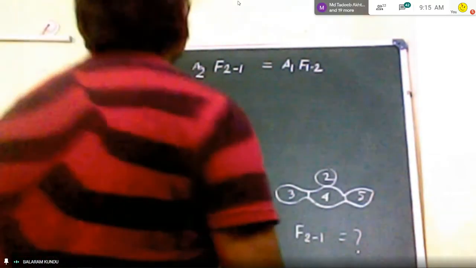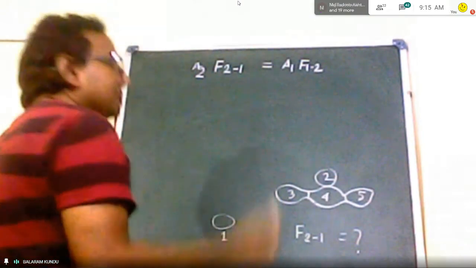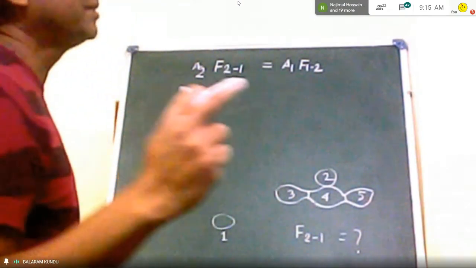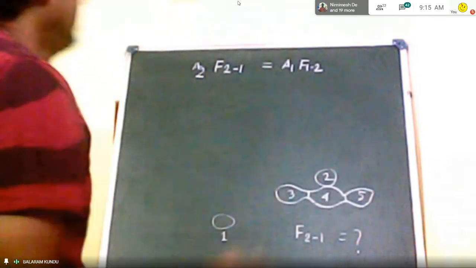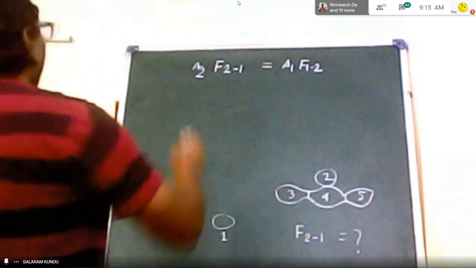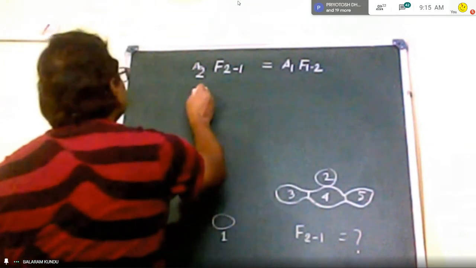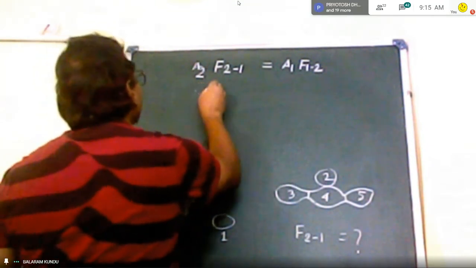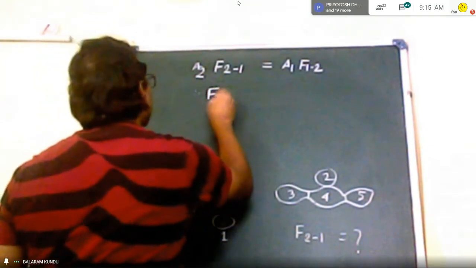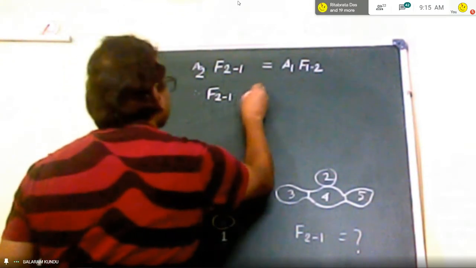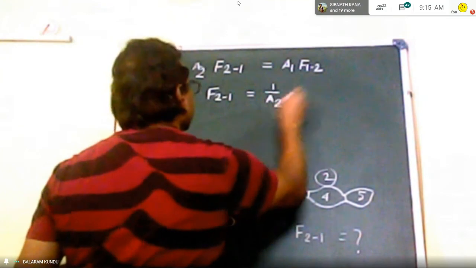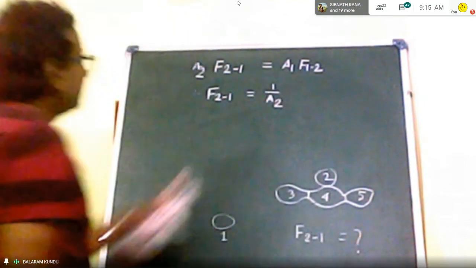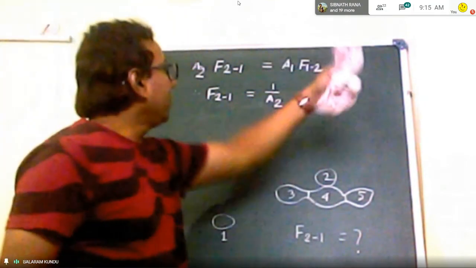I think there will be no problem. We just want to determine the shape factor F2 to 1 by splitting the area. F of 2 to 1 should be equal to 1 by A2 into A1 F of 1, 2.